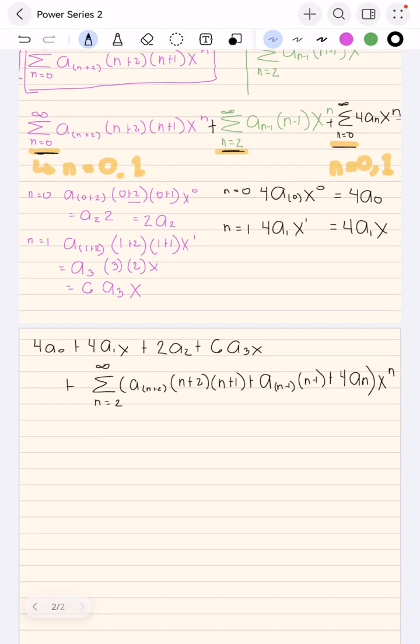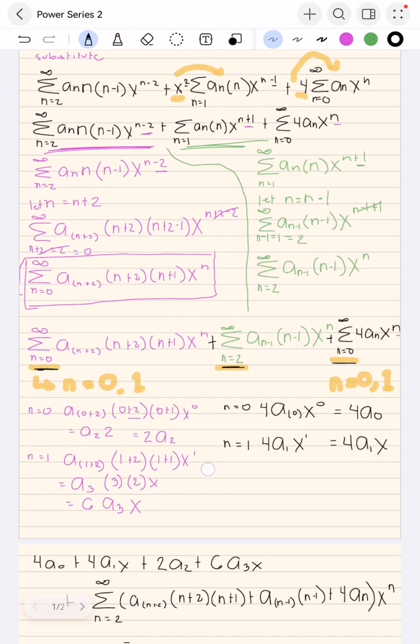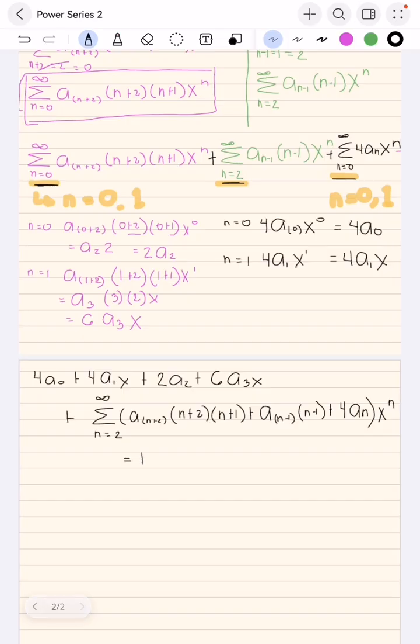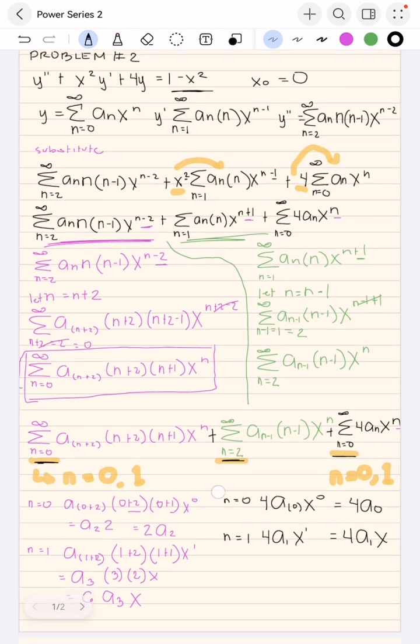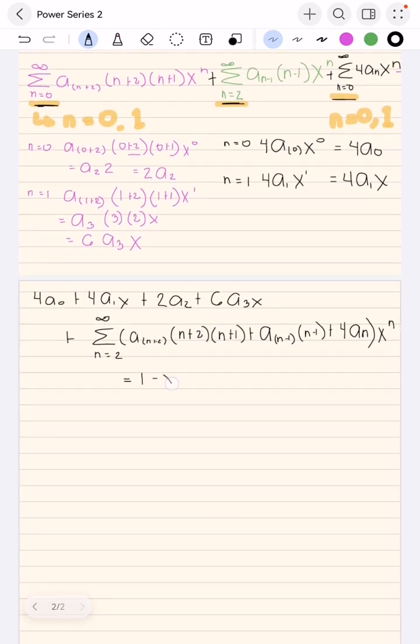Now let's not forget that we also have an equals to 1 over x squared.